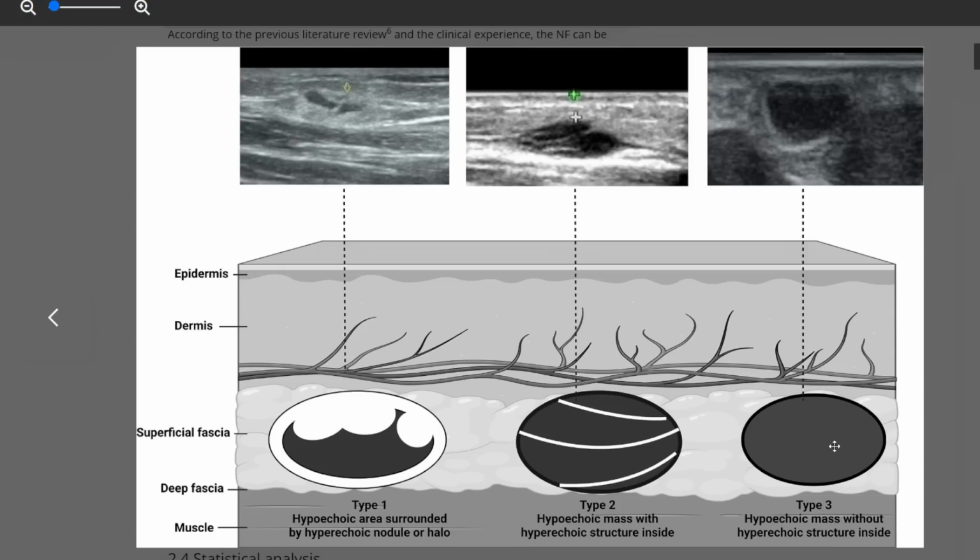And over here in the type 3 hypoechoicity, the state of being hypoechoic, this is probably the most hypoechoic image you can get because it's such a large mass that it's occupying a lot of space, but there's less structure being shown here that can reflect the sound wave back to the machine in order to make the sonography image. So these are the stages of hypoechoicity.